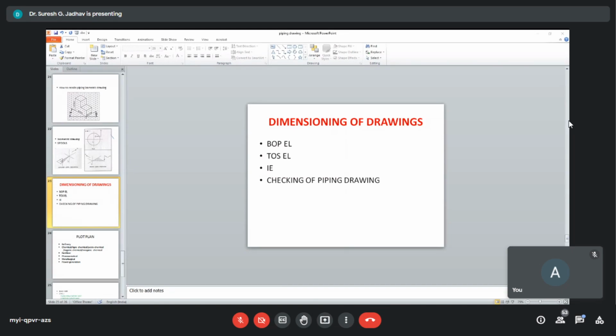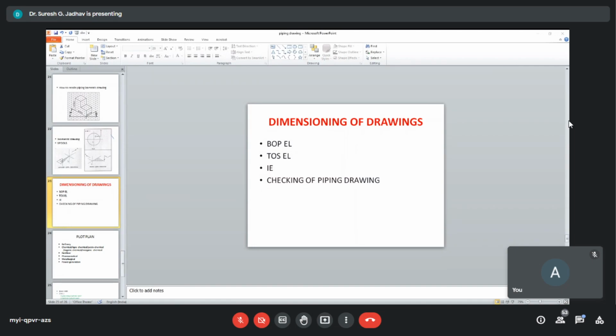Before that, they have to mention what colors are used for the areas and dimensions in piping drawings. And the new print after the correction is back-checked for incorporation.